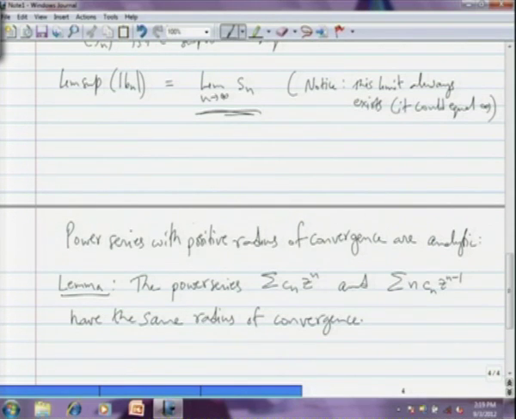Note that I am dealing with power series of type 1, with 0 as the center of the series. These are power series around 0, and a candidate for the derivative of a power series is differentiating it term by term. What I mean is, you consider the term C n z power n, and its differentiation is n C n z power n minus 1.